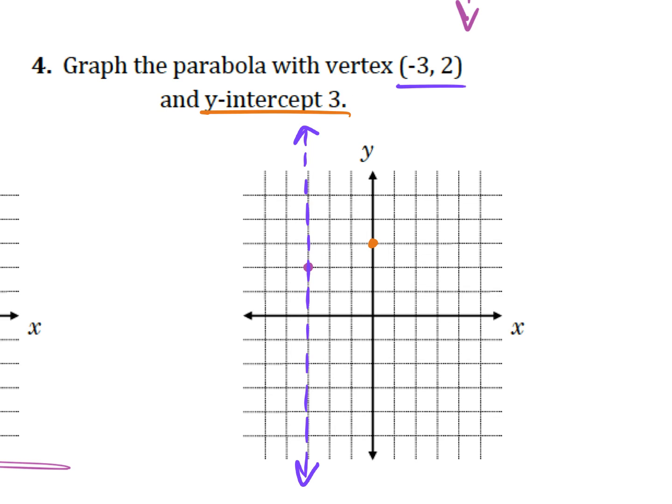So where is another point on this graph? -6, 3, right? So if we went 3 to the right, go 3 to the left, and you get another point there. So your graph, this is a pretty wide parabola, right? It's going to open up something like that, and that's all we're looking for there.